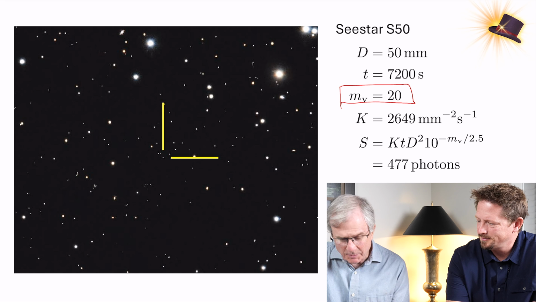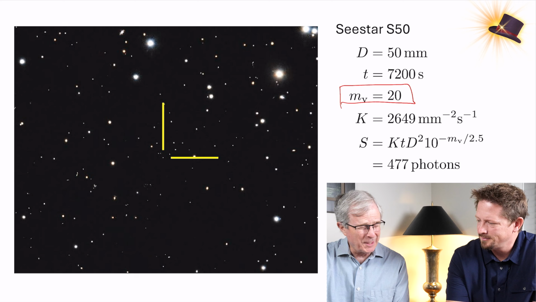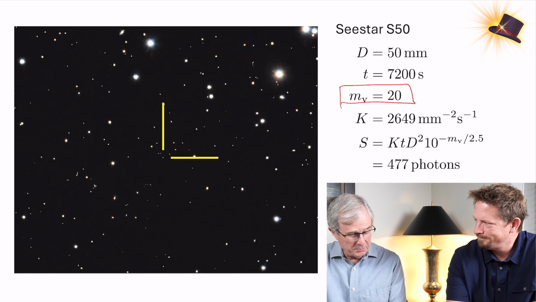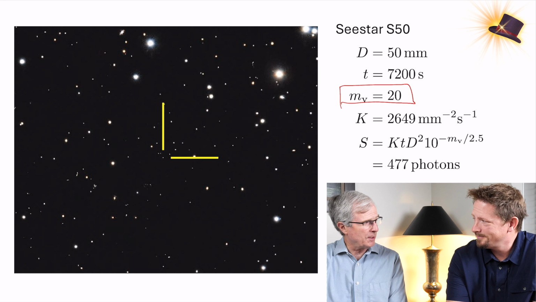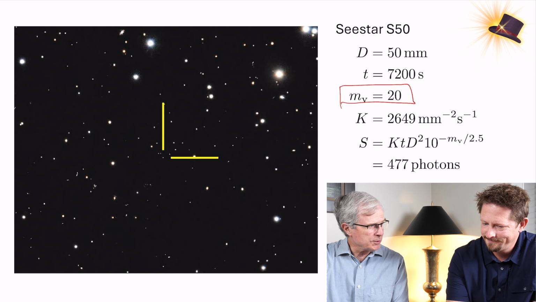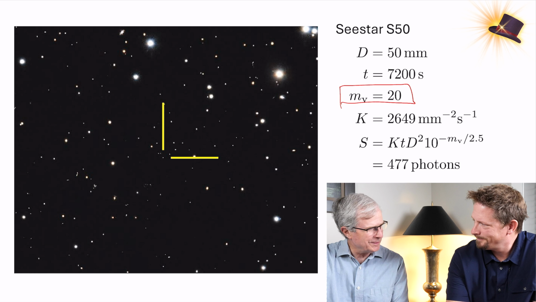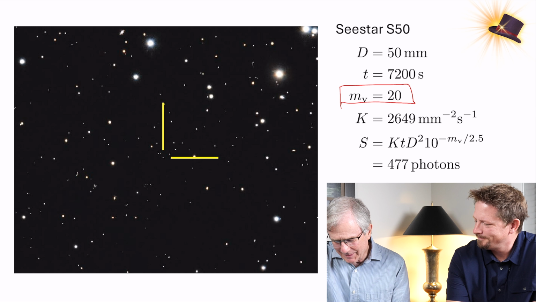That was a couple of years ago when we were doing Seestar stuff. People were asking, what's the dimmest object you can see with the Seestar? Well, in 2 hours, we saw 2 or 3 20th magnitude galaxies. And frankly, that's pretty cool.